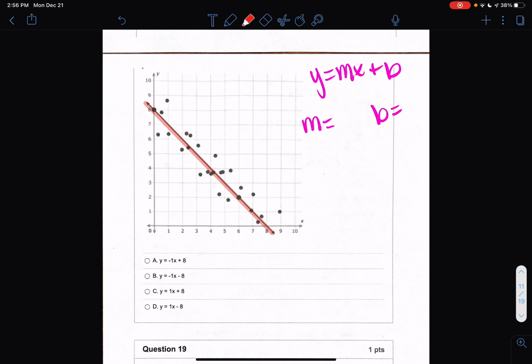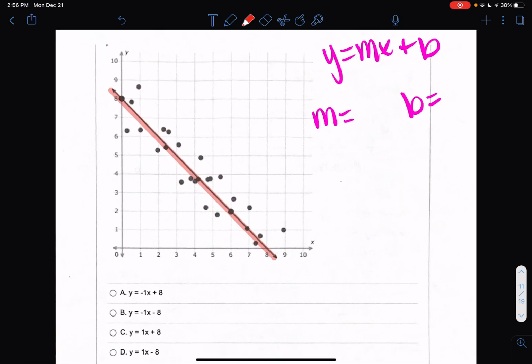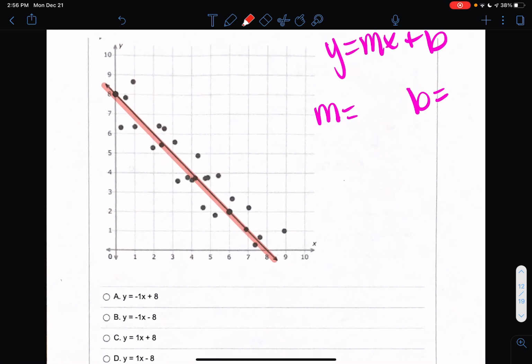We're finding the slope and the y-intercept of that specific line, not of the points around it. So we want to make sure that the points we are picking are from that specific line. If I look at my y-intercept, remember it's where it crosses the y-axis, and it crosses right at 8. So my y-intercept is 8. And then I have to figure out what my slope is.